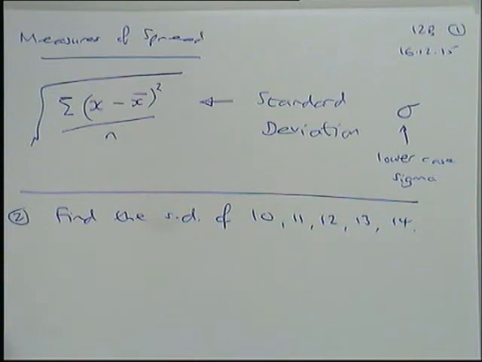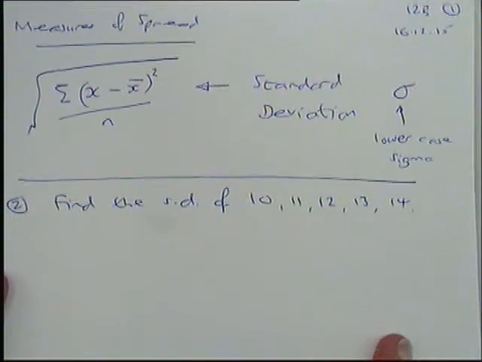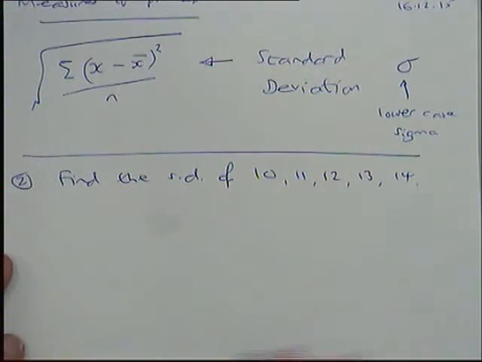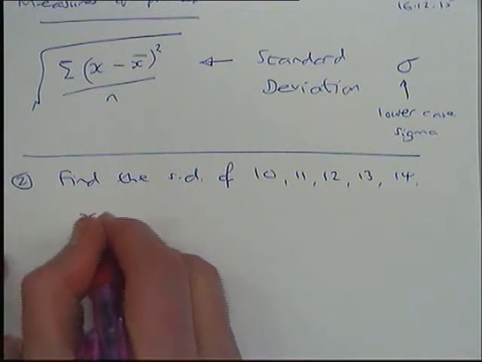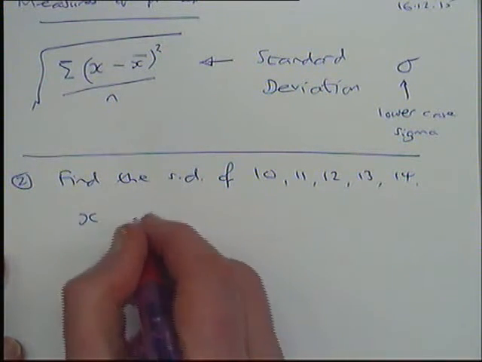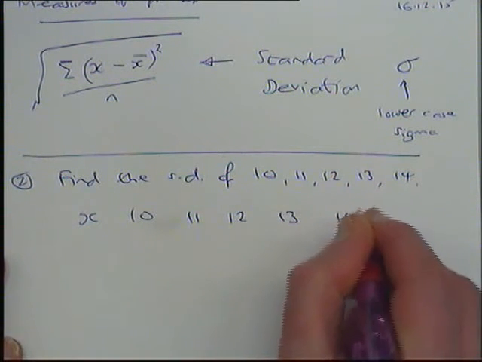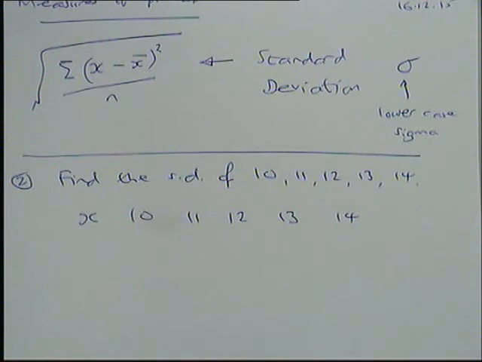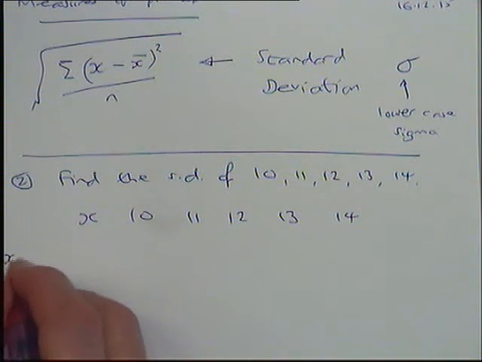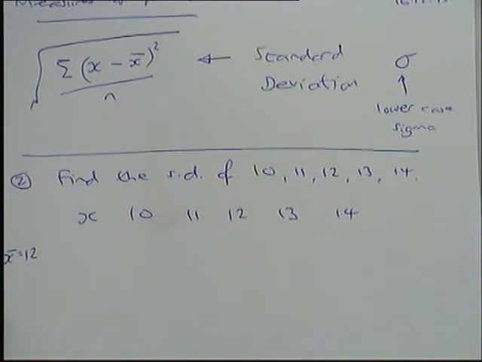If you're going to do it using this formula, I'd suggest, like last time, you have a little table, with your x numbers going along in your table. Now just from looking at that, you should be able to tell me what the mean, x bar, is. Yeah, purely by the symmetry, that's right. X bar here is going to be 12.